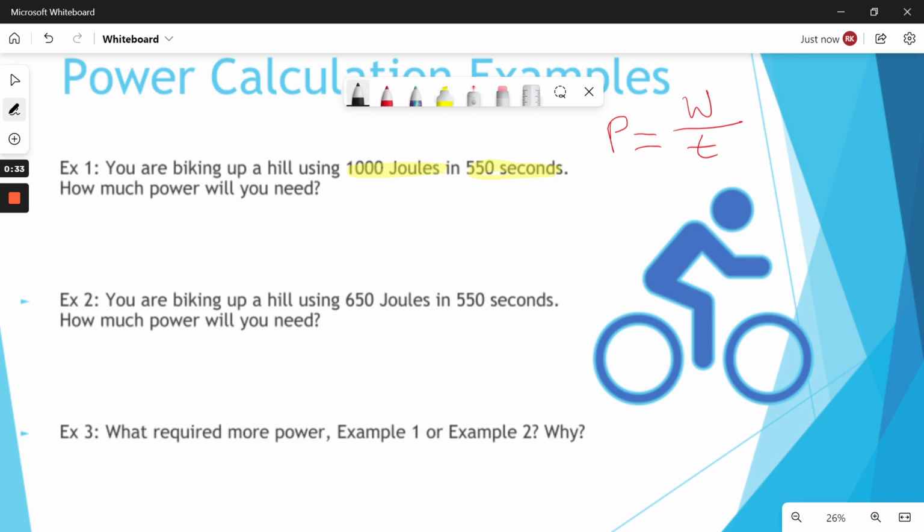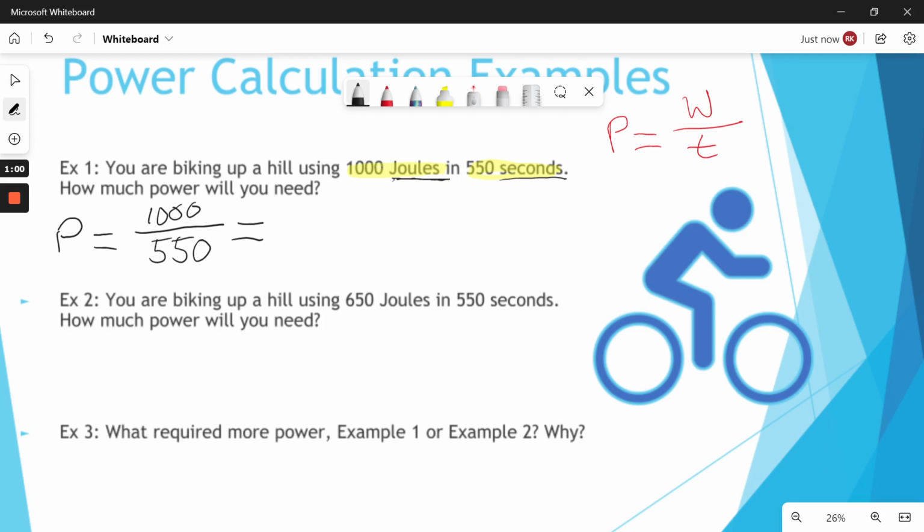So again, we just set up our equation. P equals, power equals work. Well, I know that work is measured in joules. So my work number here is 1,000. So 1,000 divided by my time number, which would be in seconds. So that's going to be by 550. And then all you got to do, plug it in your calculator or do it in your head, whatever works for you.